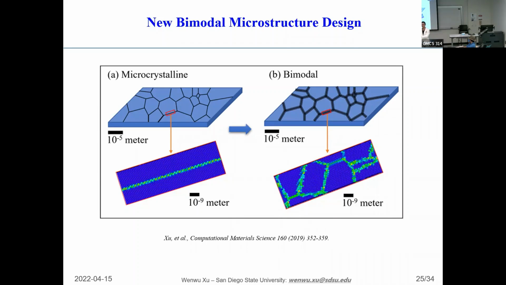Because those network regions contain lots of nanograin boundaries, they are supposed to be able to absorb those dislocations, and then we can avoid the accumulation of the dislocations. Okay, so this is the initial idea that is examined from the atomistic level to see if this is the case.